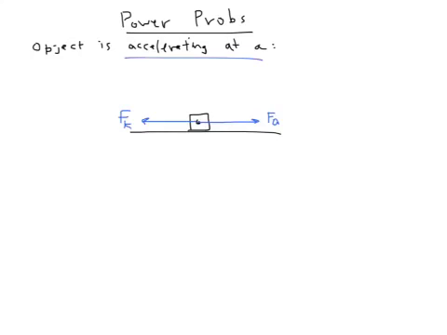And it's accelerating to the right, the problem would say. So if it's accelerating, that means kinetic friction is smaller than the applied force. And gravity pulls down, normal force points up. Fn.